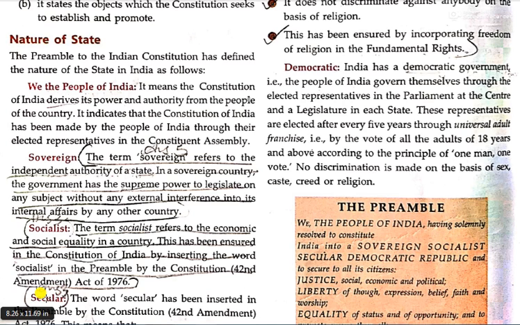So this is one of the most important amendments, and when the 42nd amendment took place, many new sections were introduced, many new articles were inserted in the Constitution. So the word socialist was one such new insertion into the Constitution. And this word socialist was inserted to make sure that everyone was treated equally in the country.